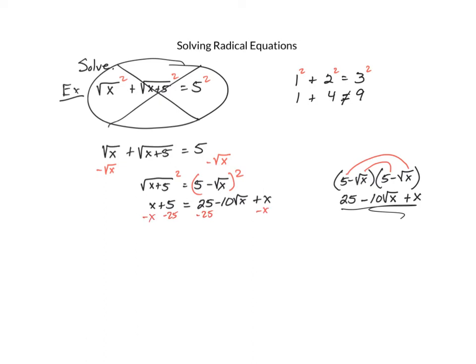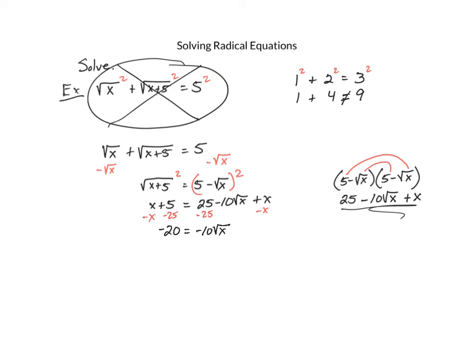When we do that, we'll have a negative 20 on the left-hand side and a negative 10 square root of x on the right-hand side. And now I have the term with the radical in it isolated. So I could square both sides right now, and that would be totally fine.